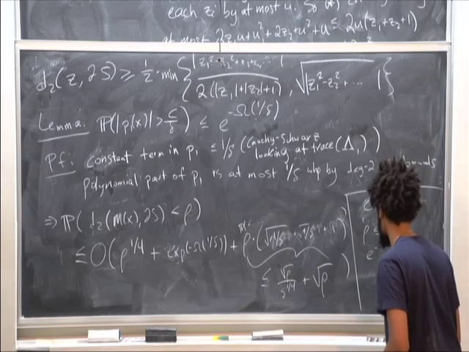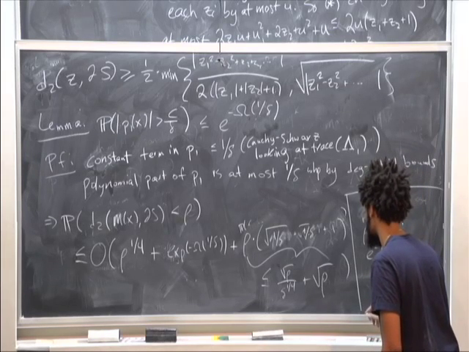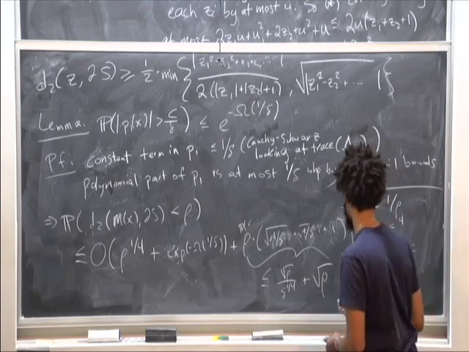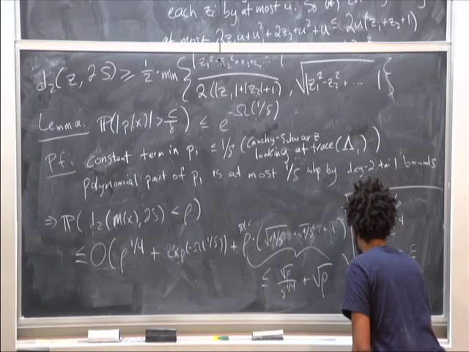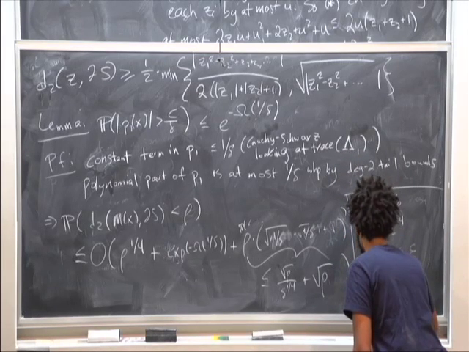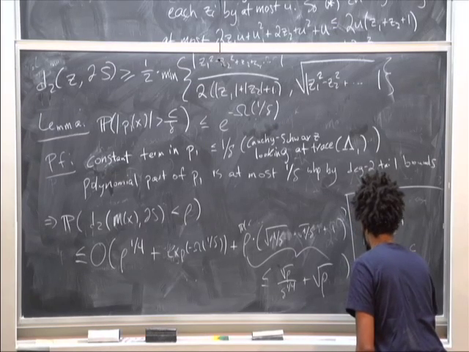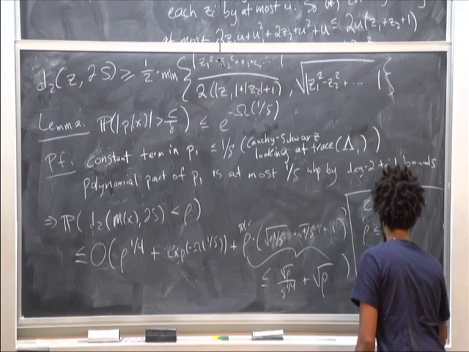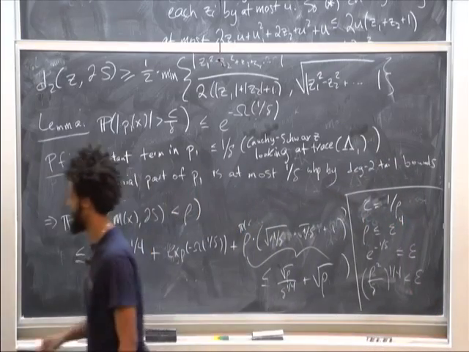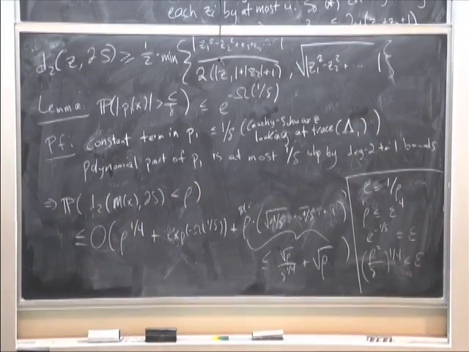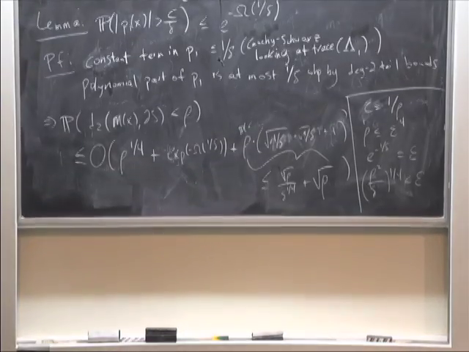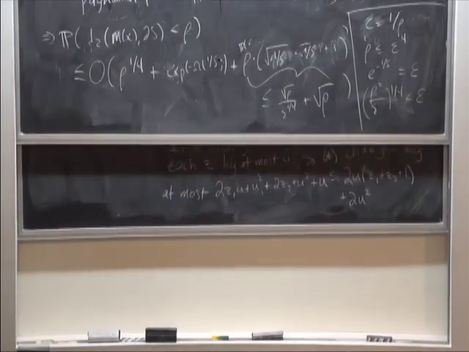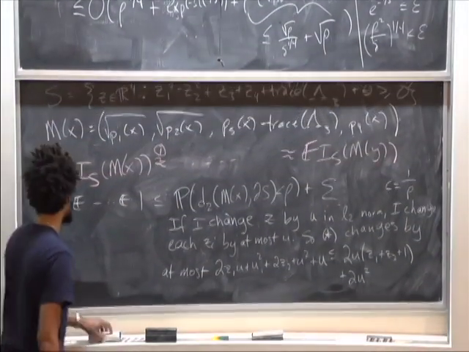But there are going to be some other constraints too. And also rho squared over delta to the quarter should be less than epsilon.